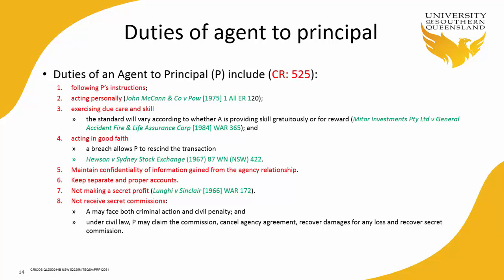So basically this means that the agent must act in the principal's interests. If you look at page 527, it says an agent is under duty to act in the principal's interests. This duty arises from the fact that an agent stands in a fiduciary relationship with the principal. Therefore, the agent must act in such a way that there won't be a conflict of interest with the duty.